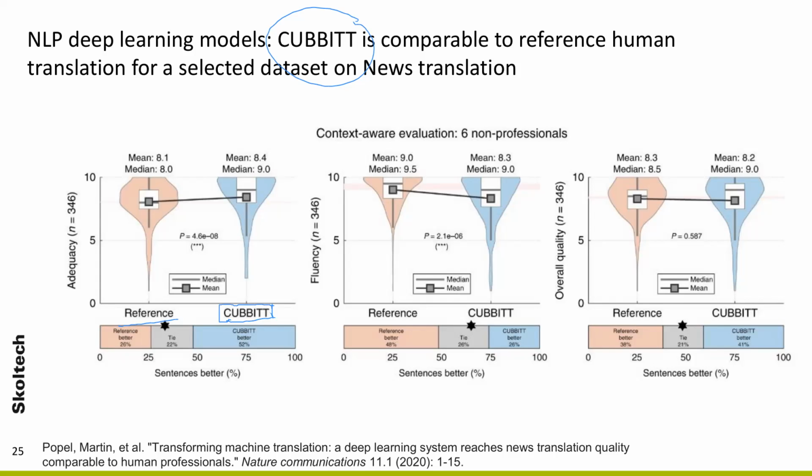For example, it's more adequate, and the mean adequacy score is higher for the model than for humans. For fluency, we have slightly worse scores, so the model is not performing that well. When we are talking about overall quality, we have almost a tie actually, with 38% for the reference human translation and 41% for the model being better according to human evaluation.